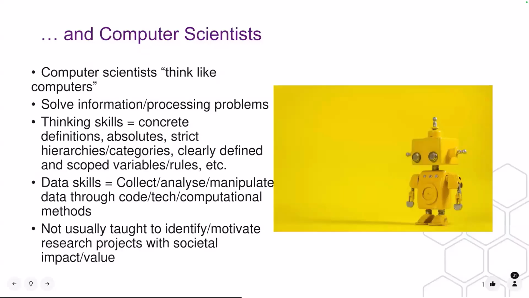So they have to think in terms of strict hierarchies and categories and clearly defined and scoped variables and rules. And in terms of data skills, computer scientists collect, analyze, and manipulate data through programming scripts, computational methods, and technological tools.